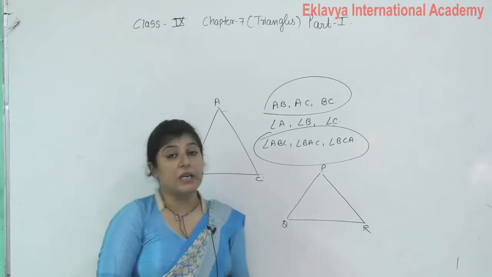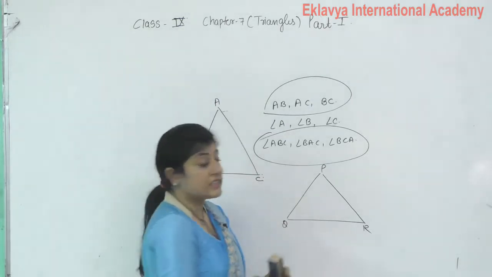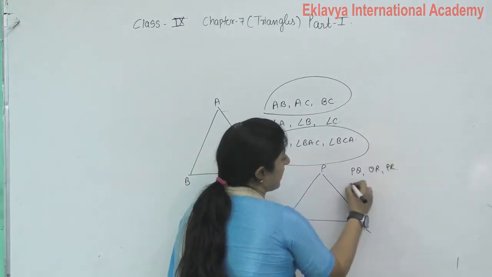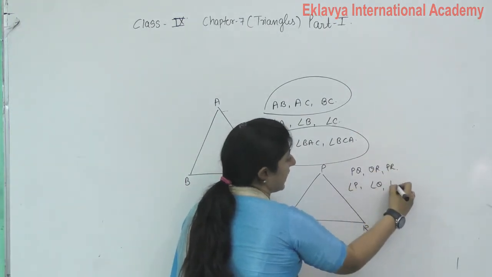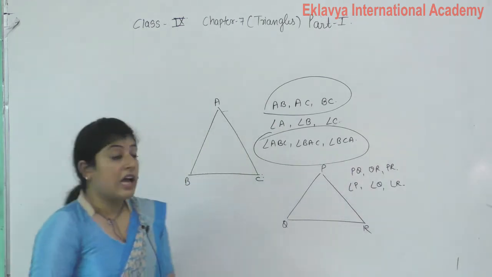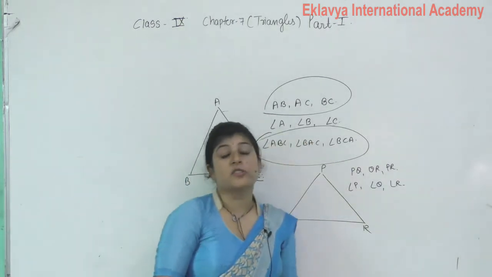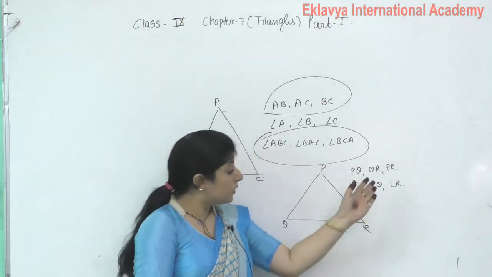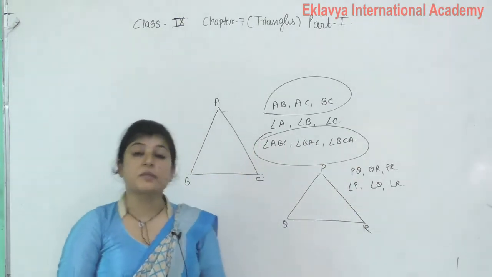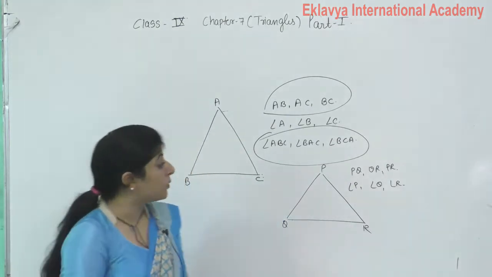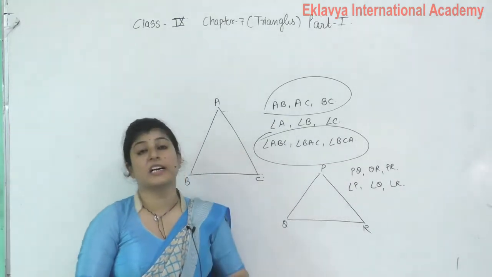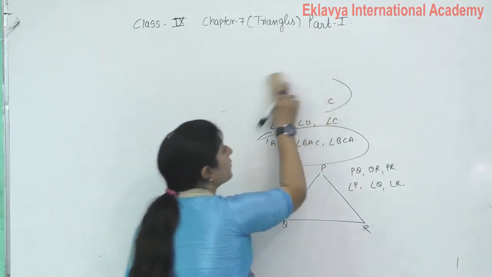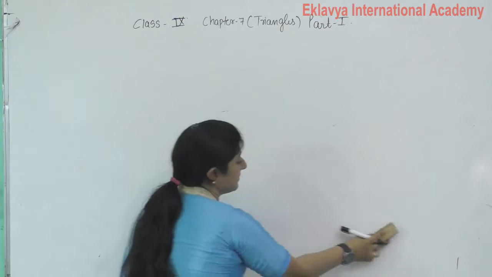The other triangle also has 6 elements: PQ, QR, PR, angle P, angle Q, angle R. If any 3 elements of one triangle are equal to the corresponding 3 elements of another triangle, then we can prove that these 2 triangles are congruent. So there are some rules for how to prove congruency.